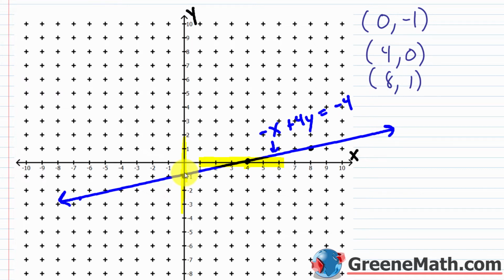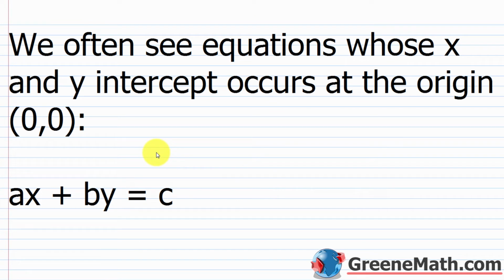So kind of the next thing that's going to occur is you're going to run across these equations where your intercept occurs at the origin. So when this occurs, the x and the y-intercept are going to be there, and it's known as a line that just passes through the origin. You will encounter this as ax plus by equals c, where c is 0.